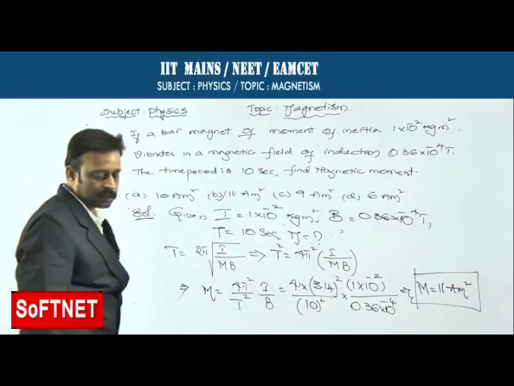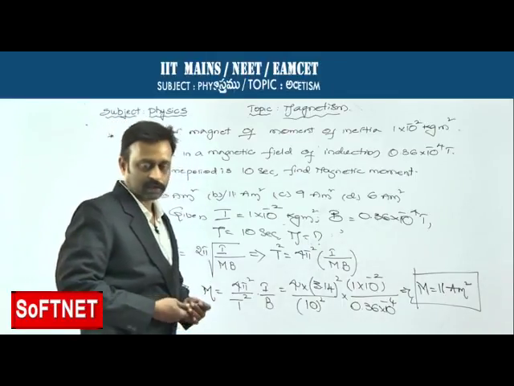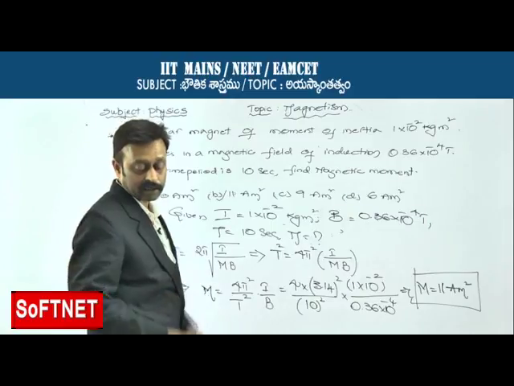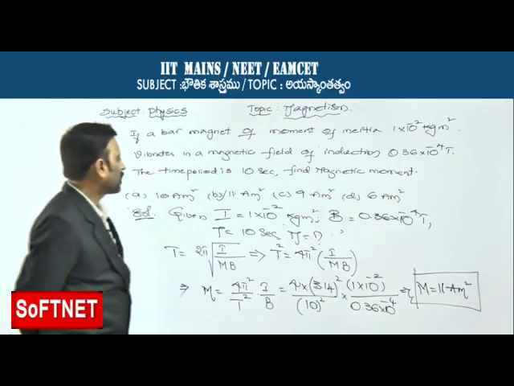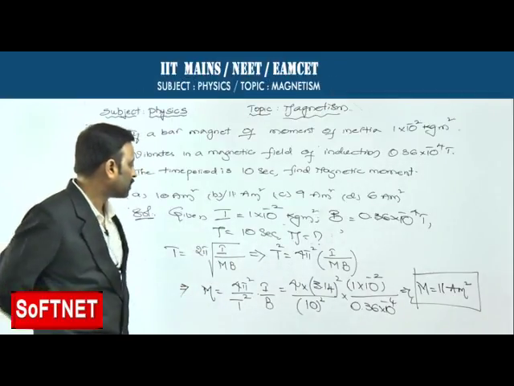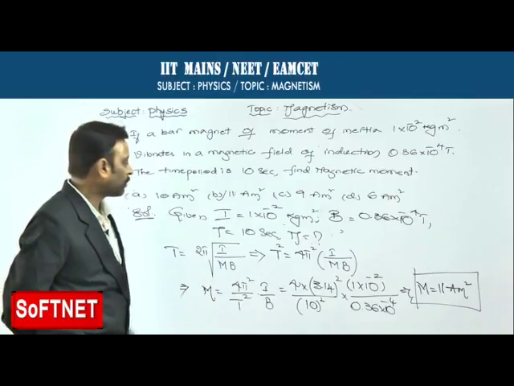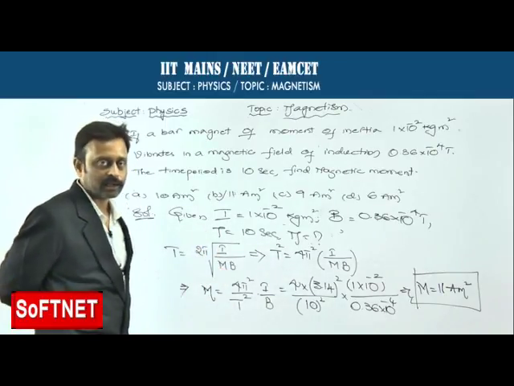As I told you already, this problem is based on the concept of the time period of oscillation for a given magnet placed in the vibration magnetometer. The formula for time period is 2 pi under root I by MB, where I is moment of inertia, capital M is magnetic moment of the magnet, and B is magnetic field induction.